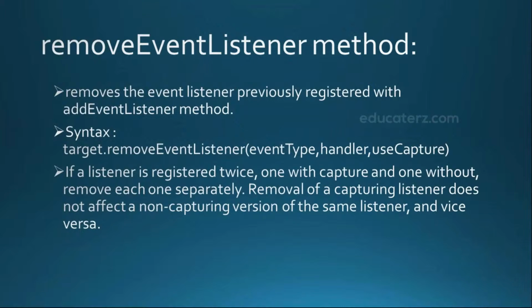Because if you register the listener using the true value and then remove it using the false value, that will not impact the event listener registered over this event type. So you should be very careful when you use this capture value.